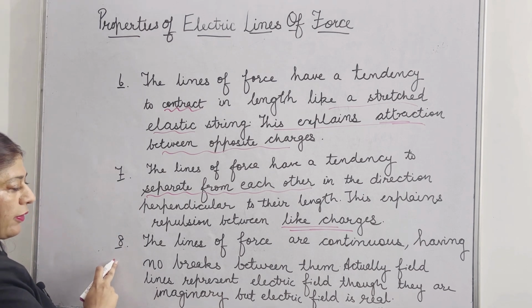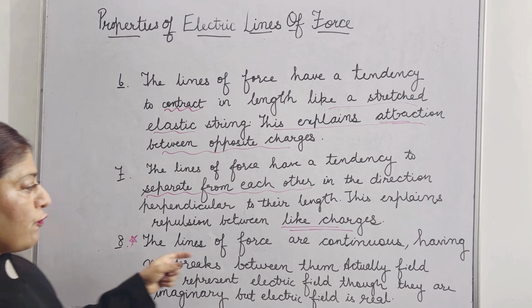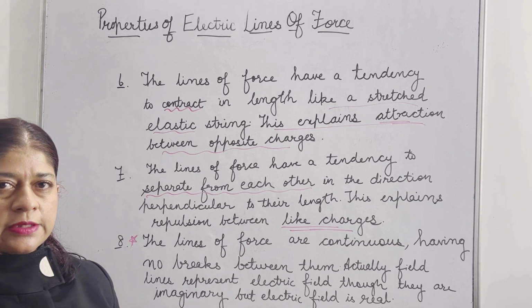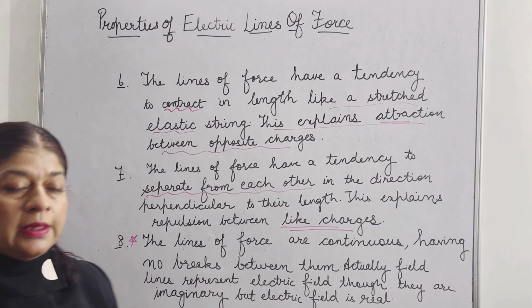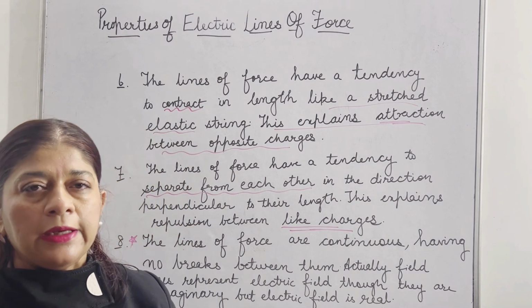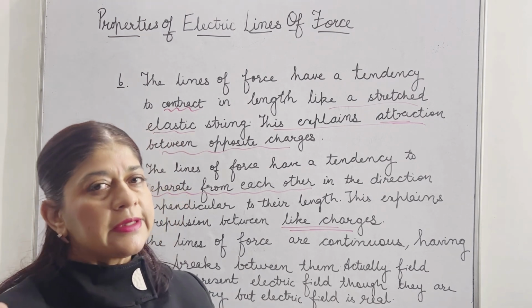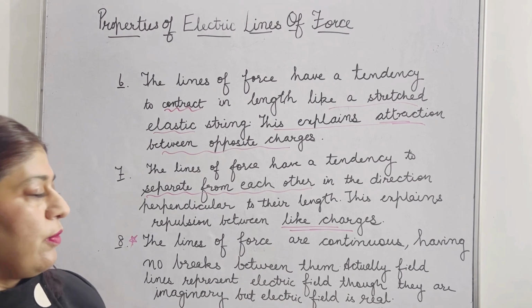The next important conclusion is that the lines of force are continuous. You have seen, you have drawn those lines of force, and none of them has a break. Actually these electric field lines show the electric field. Electric field lines are imaginary but the electric field is real. Since it exists, the lines of force won't have any break in them.